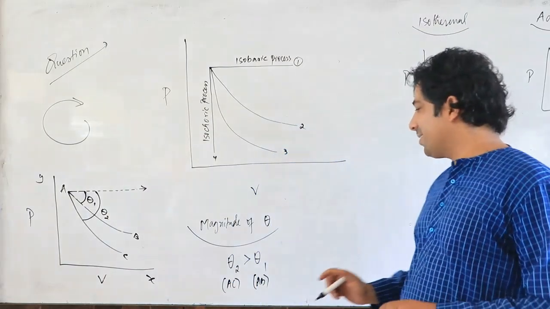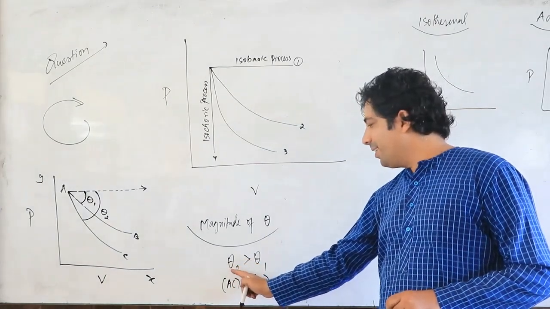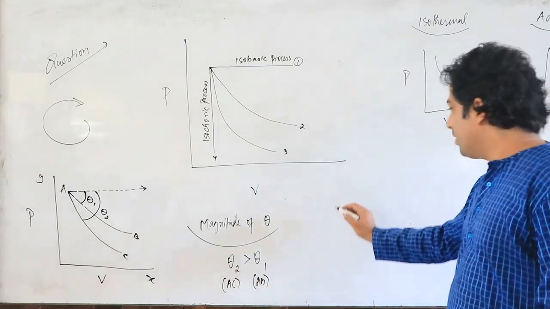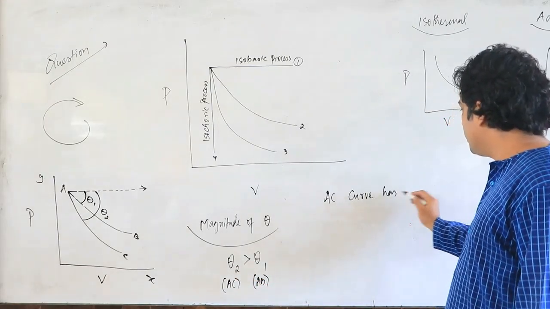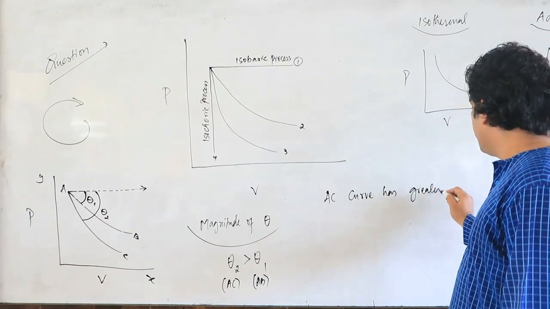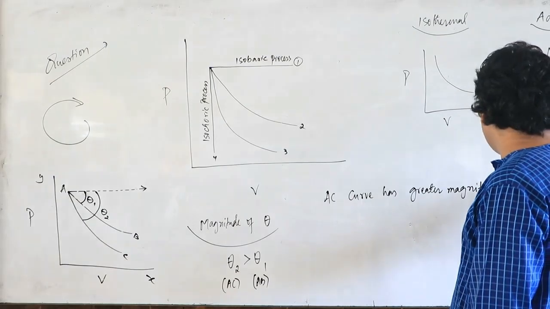So who has a greater magnitude? That is the AC curve. I will write down here: AC curve has greater magnitude of an angle, that is theta 2.